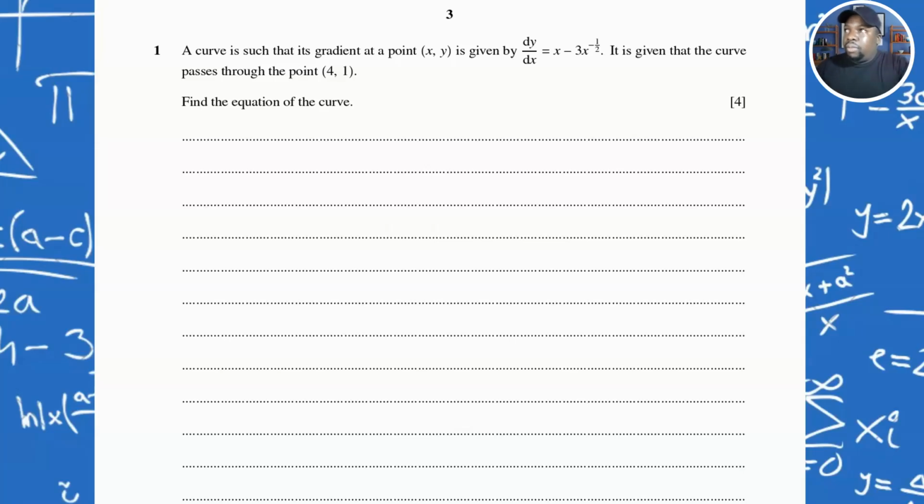Alright, so for this particular question here, we have been given dy by dx and they want us to find the equation of y. So we're going to say y is equal to the integral of x minus 3x to the minus a half with respect to x.